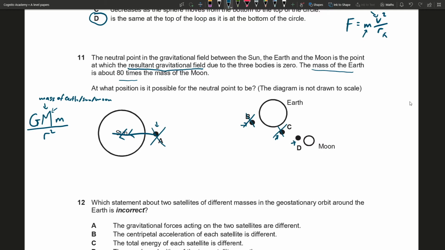So we have D. D is close to the Moon, but don't worry because the mass of the Moon is very small relative to the Earth and the Sun, so that's not an issue. We want our r to be smaller for the Moon in order to compensate for that. So our answer is D.